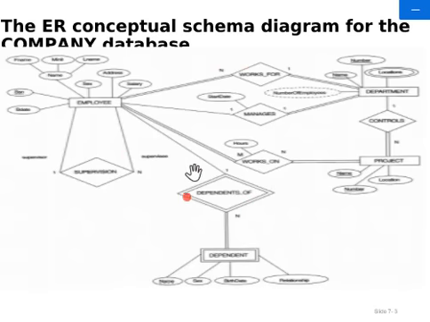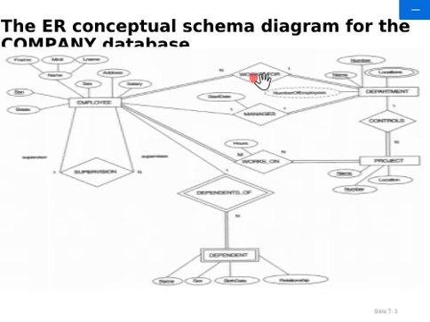In these relationship types, based on how many entities are participating, we call it binary. If more than two entities are participating in a relationship type, we call it ternary. More than that means it is n-ary. But in this diagram, we have only binary relationships and a unary relationship.